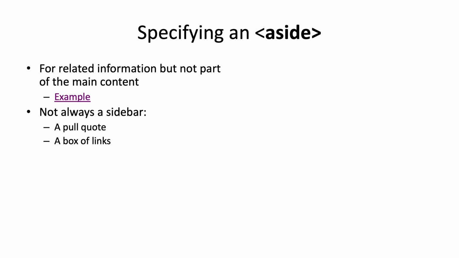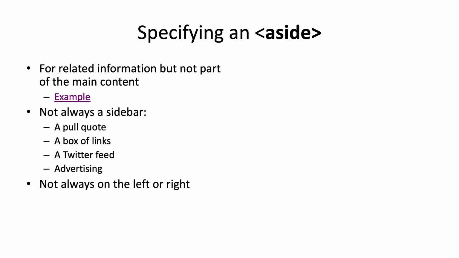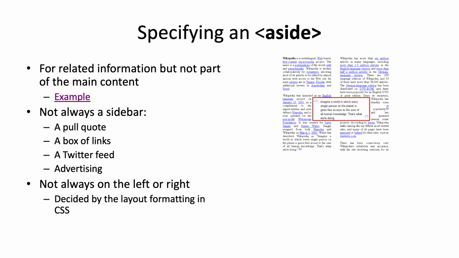A box of links, for example, links to related external websites, could contain a Twitter feed, or sometimes even some advertising. And it does not always have to be on the left or right either. As I discussed earlier, the positioning and the size of the sidebar is entirely decided by CSS.